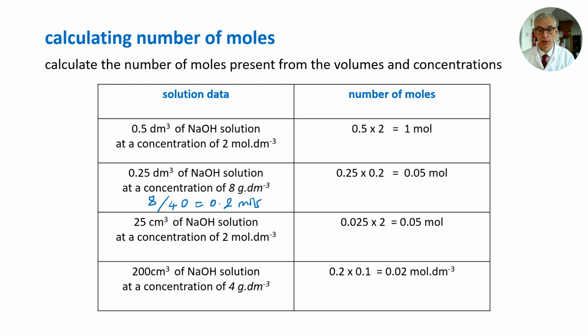And we need to calculate, well, 4 grams is 4 over 40, 0.1 moles. So our concentration is 0.1 moles per decimeter cubed. We've got 4 grams in a decimeter cubed. So that's 0.1 moles, so our concentration is 0.1 moles per decimeter cubed times the volume, which is 0.2 decimeters cubed, comes to 0.02 moles.